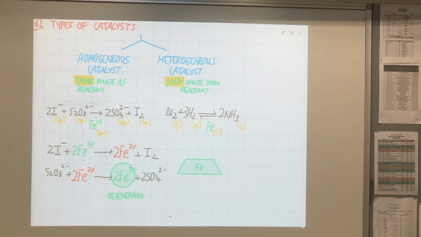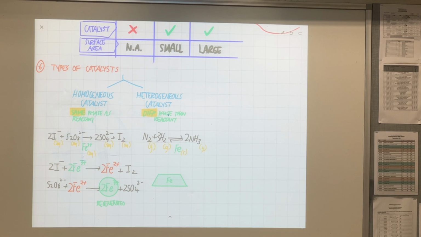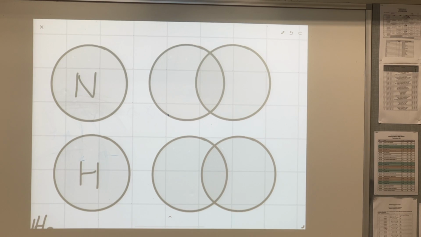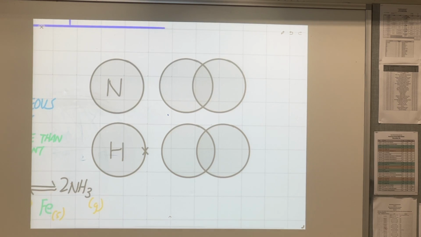Does anyone know what the bond is that holds two N atoms together? Is it a single bond, double bond, or triple bond? Triple, yes, and you should know very clearly why that's the case. Hydrogen has only how many electrons in the outermost shell? One, and it is unstable.